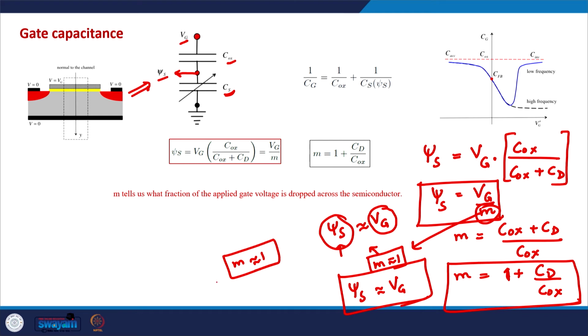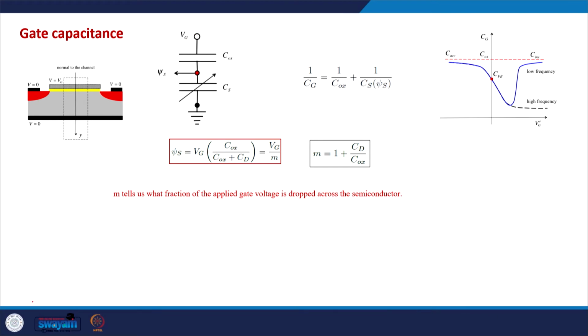Okay. So, that is a design constraint that we keep in mind: while designing a MOSFET, device designers generally try to make sure that M is not far away from 1. In order to bring M closer to 1, this second factor Cd by Cox needs to go to 0.